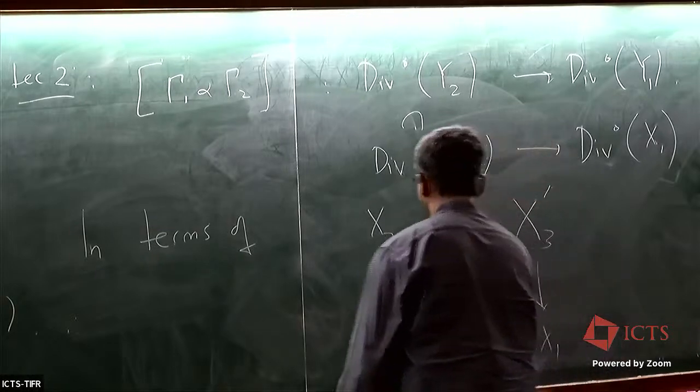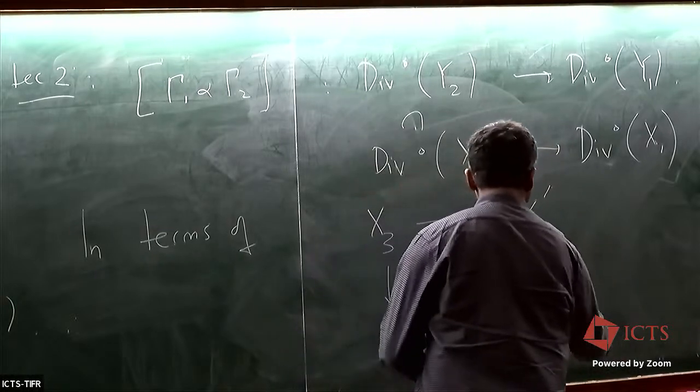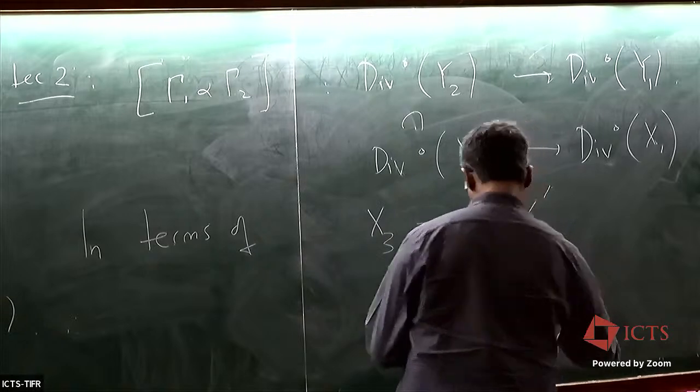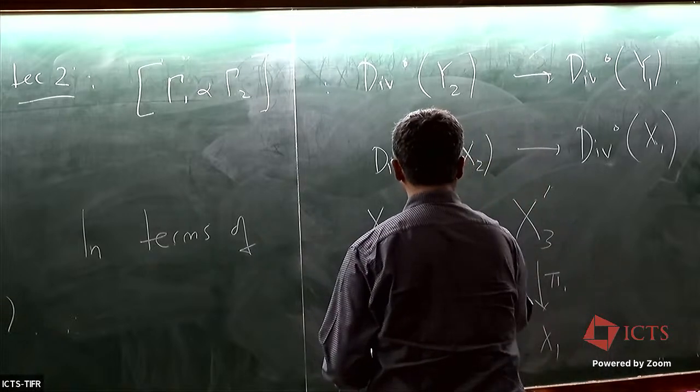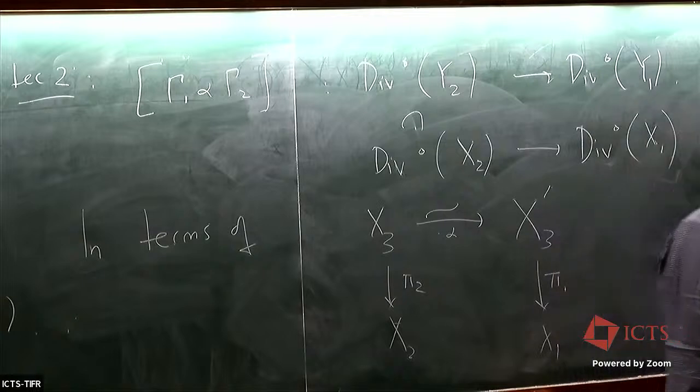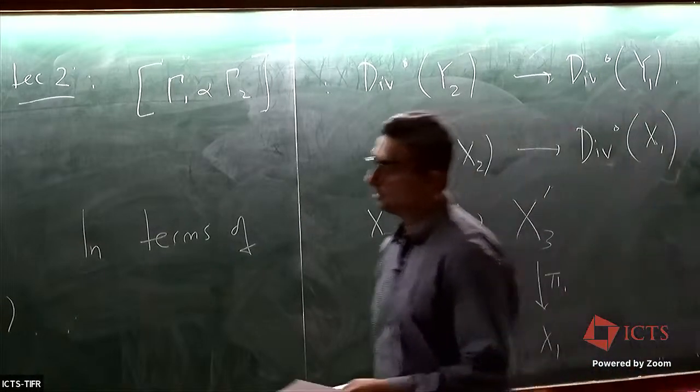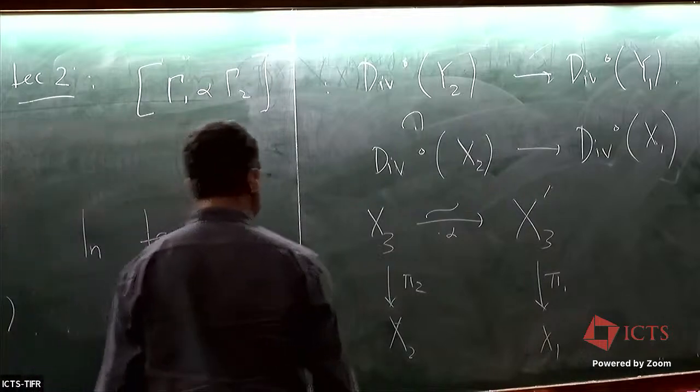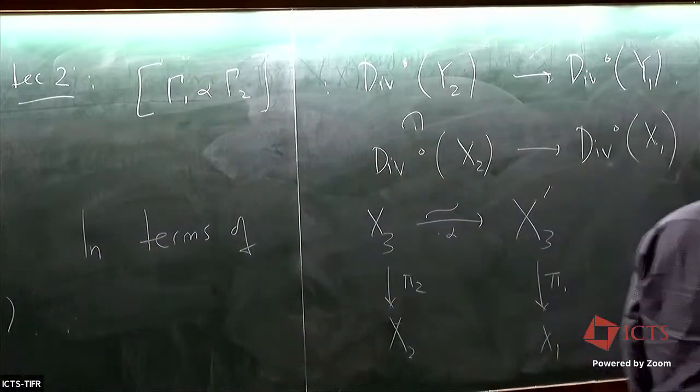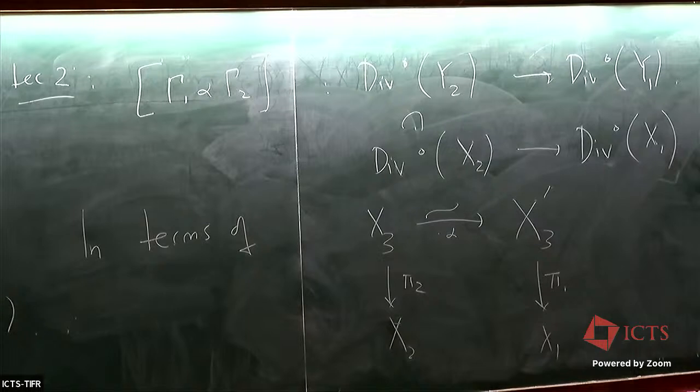Let's give these maps some names. Let's call this pi2 and pi1. It's induced by multiplication by alpha. So in terms of this picture, and in terms of these two maps, what is the Hecke operator? Pull back, multiply by alpha, and push forward.